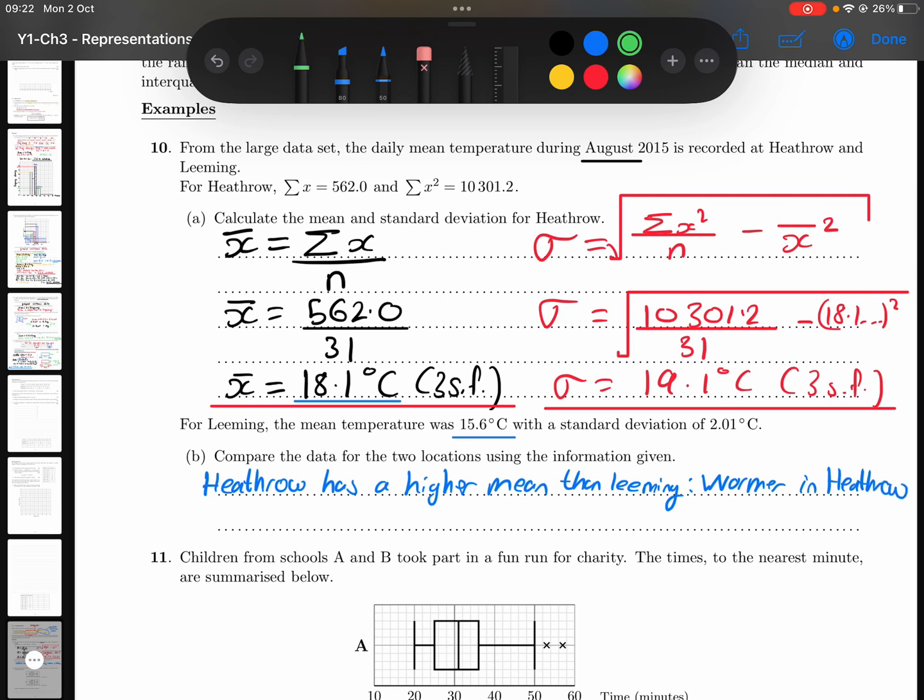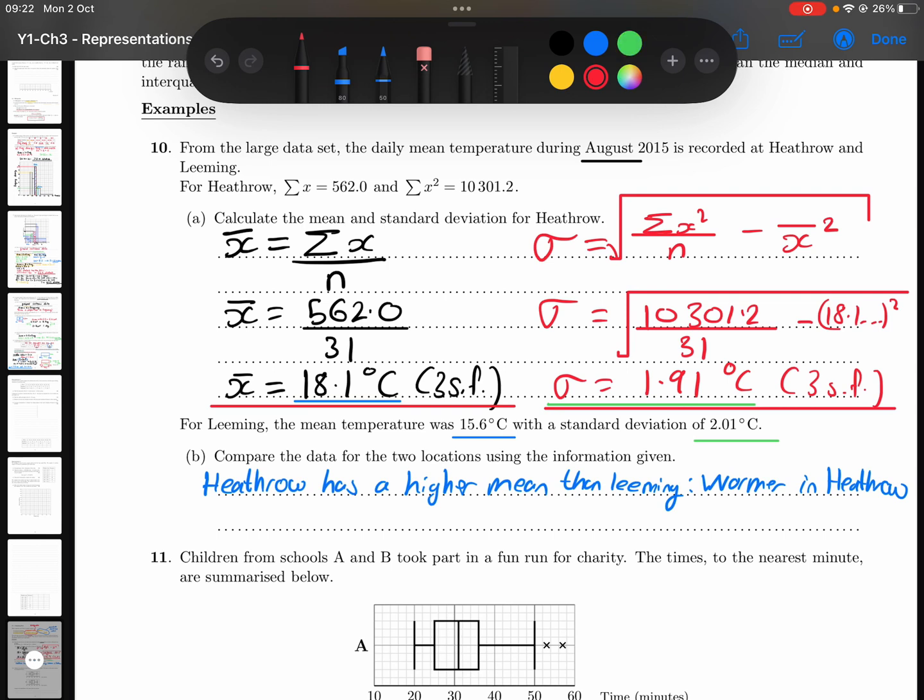Then we can make a similar comparison about the standard deviations. And I'm realising that I've made a small mistake in that previous calculation. The decimal place was in the wrong place. It should indeed be 1.91 degrees Celsius. Well done if you spotted that before.